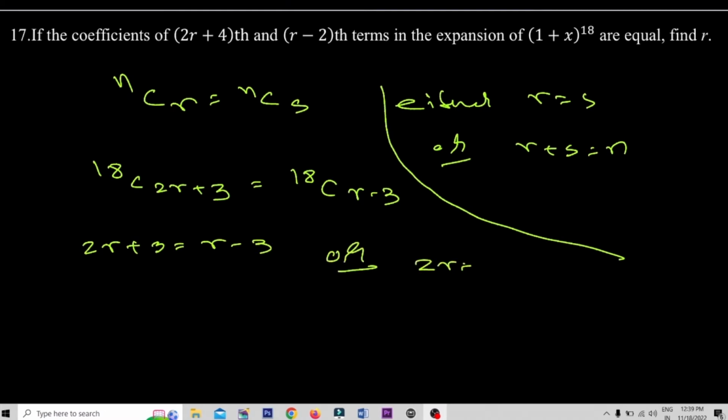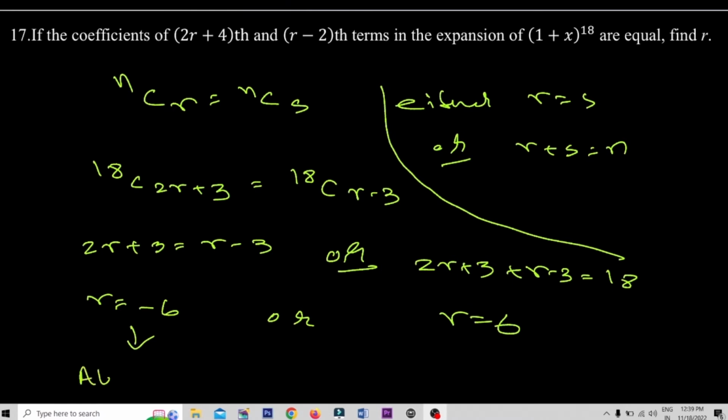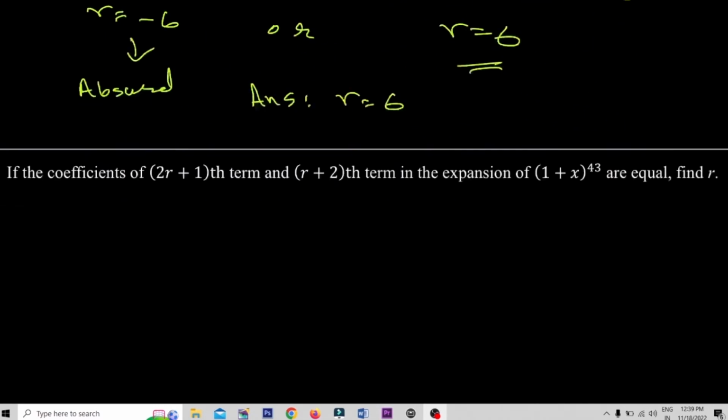It means 2r plus 3 plus r minus 3 equal to 18. Therefore you can write r equal to minus 6 or r equal to 6. r equal to minus 6: number of terms cannot be negative, so this is absurd. So r equal to 6. Here the final answer is r equal to 6.